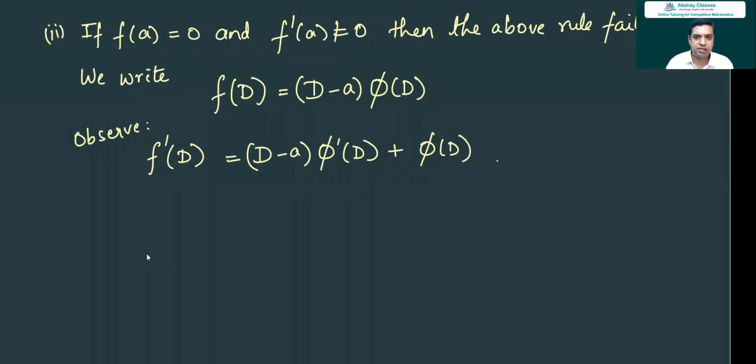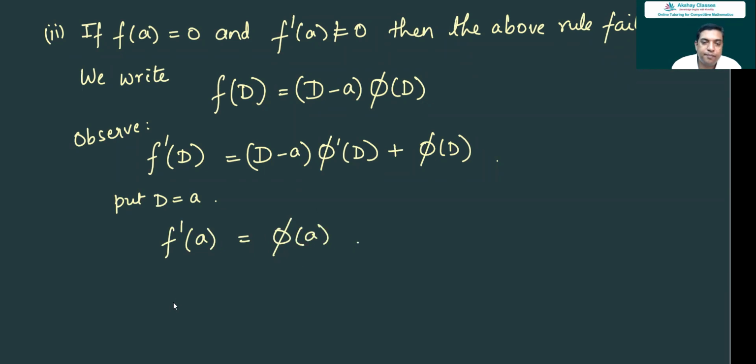All right. So now substitute, put d equal to a. What you get, f dash of a is equal to, this is 0, is same as phi of a. Okay. So note this, this is say 1 in this expression and this is 2.